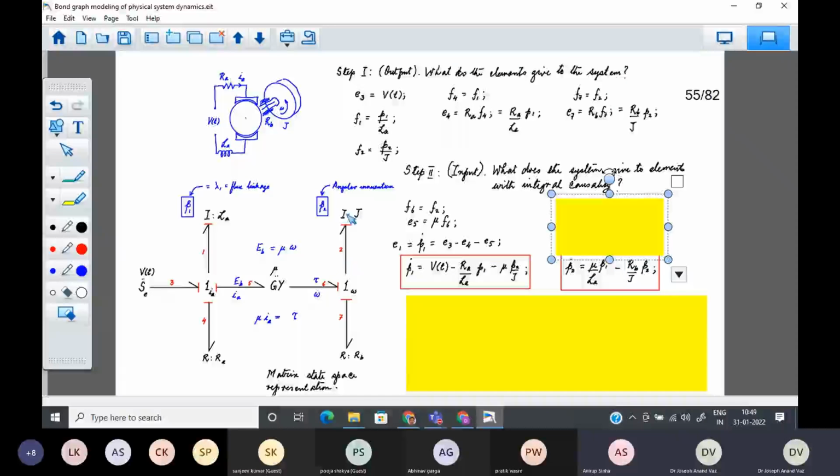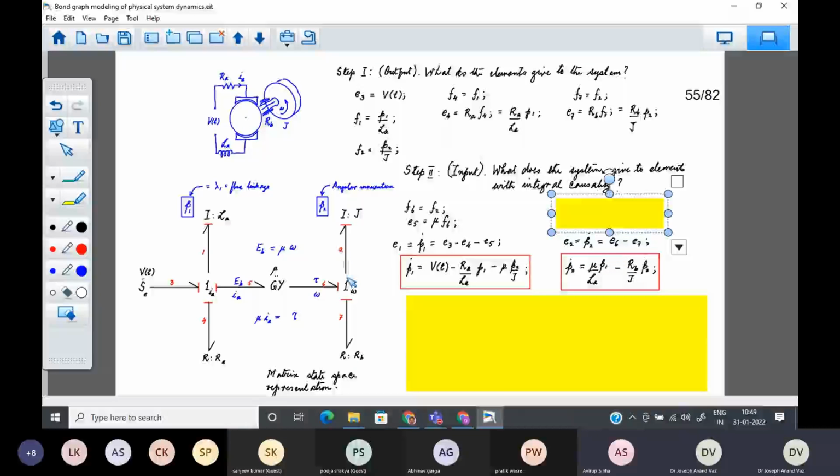I'm sorry, it gives effort to this I element. So this effort to this I element is P2 dot in terms of its state. It is the derivative, the rate of change of this momentum. So it is P2 dot.